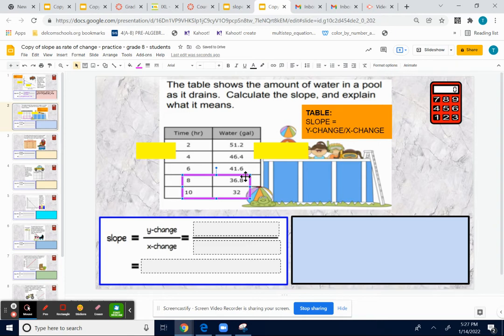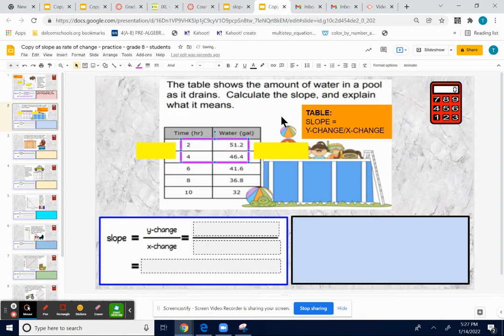Just so you're looking at 2 sets of numbers to do y change over x change, you'll get the same answer. These are linear, so you're always going to get the same answer. It's kind of like when you find the slope of a line, it doesn't matter which 2 points you use. Same idea. I'm just going to look at these.